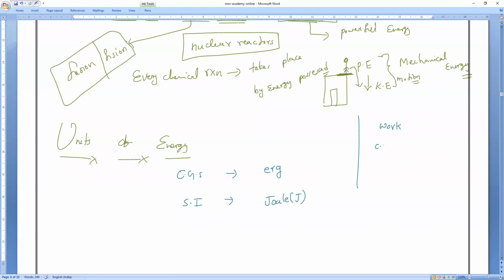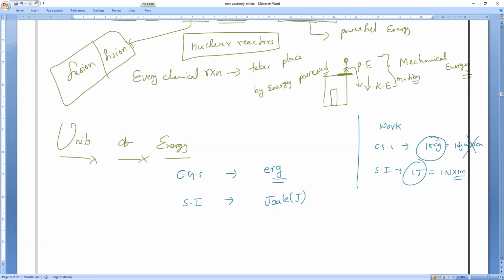Erg only. 1 erg is equal to 1 dyne into 1 centimeter, that is gram centimeter per second square. What is the SI unit of work? Joule. 1 joule is equal to 1 kilogram meter per second square, that is 1 newton into 1 meter. Same, but you cannot write this one for energies.